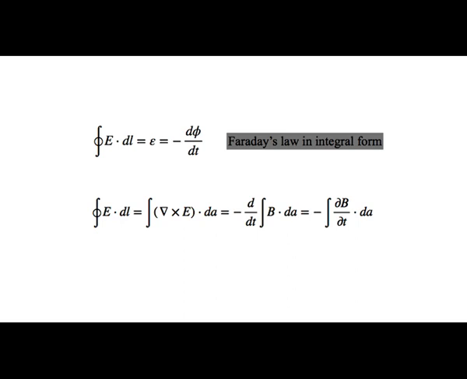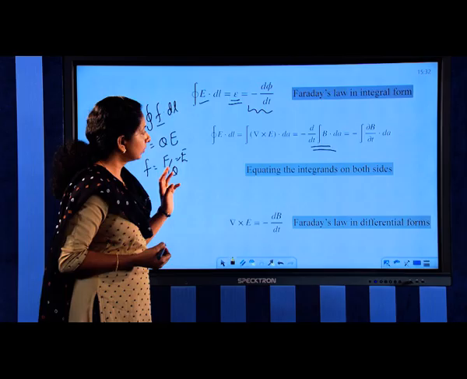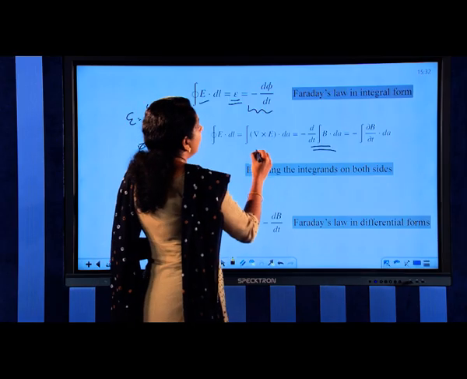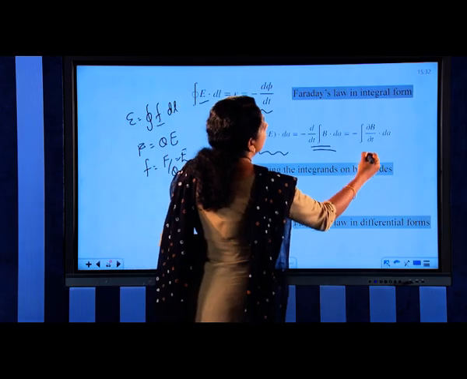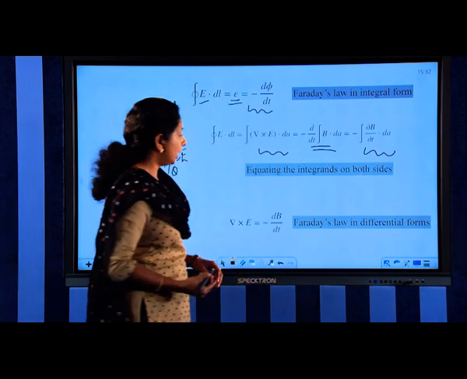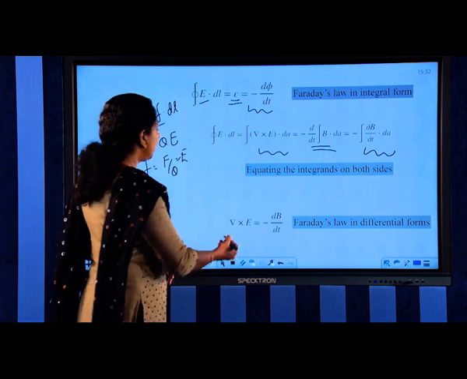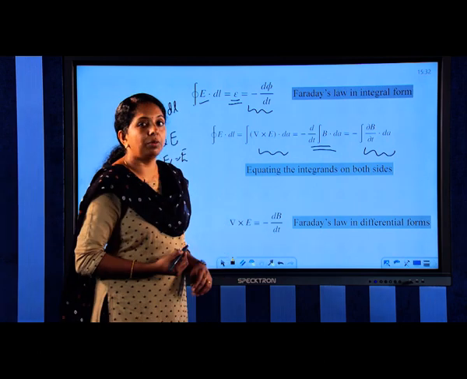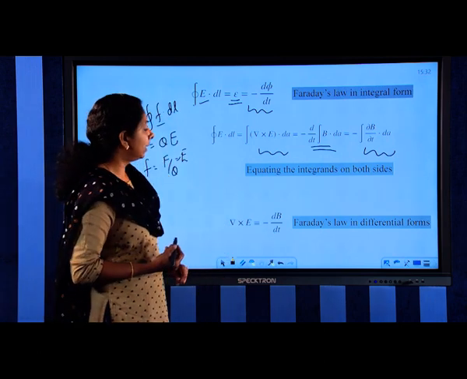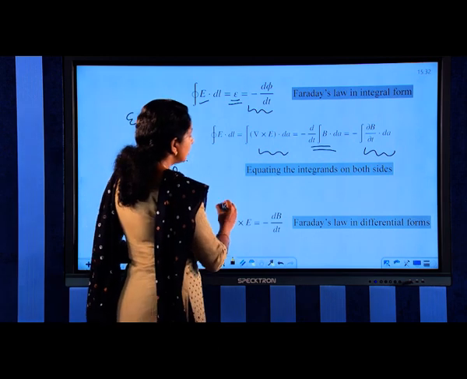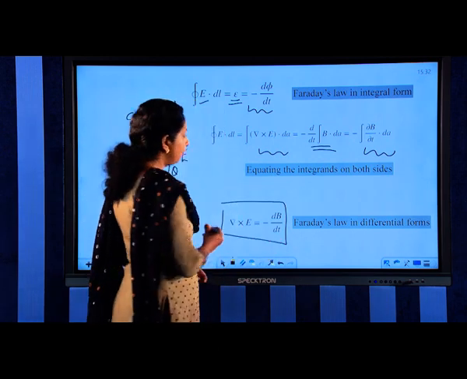So, the right side becomes minus the integral of del B by del t dot dA. Here we can see that the integration is with respect to area on both sides, so we can equate the integrands. So, we get del cross E is equal to minus del B by del t, which is known as Faraday's law in differential form.